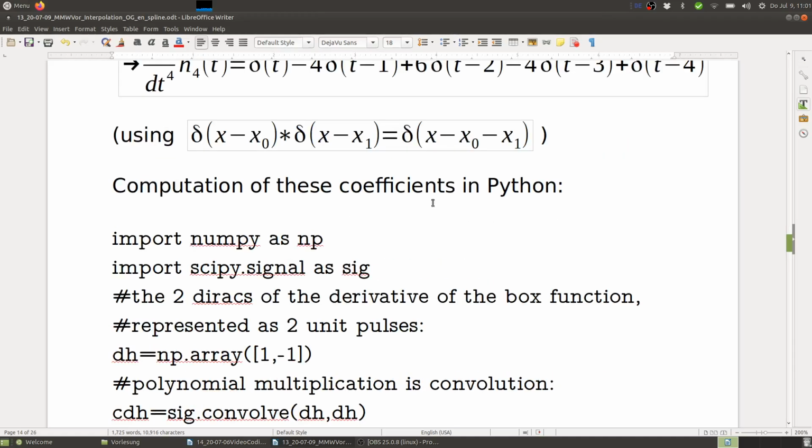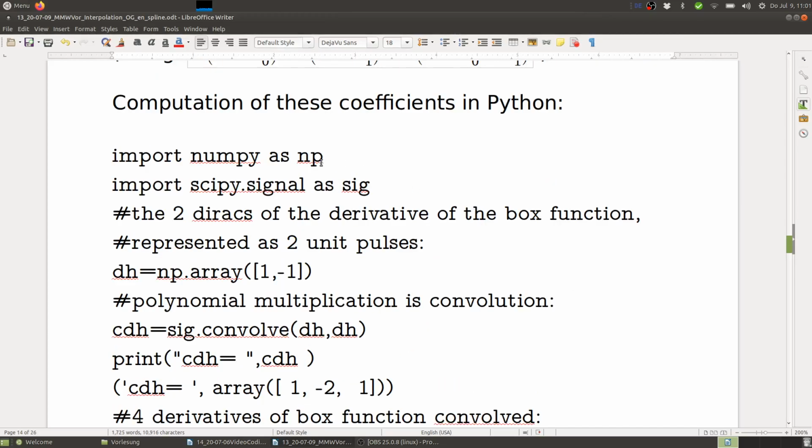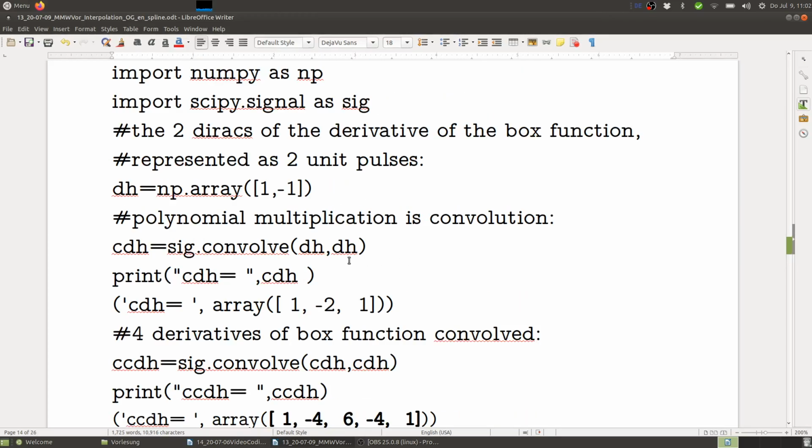You can also compute these coefficients in Python. Again, doing approximations, we simply represent the 2 Diracs from the derivative of the box functions as a sequence of 1, minus 1, right? 2 unit pulses instead of Diracs. And then we just convolve it.